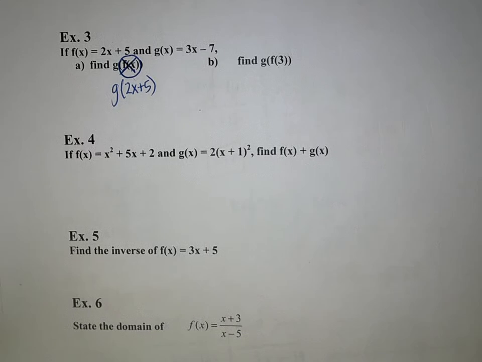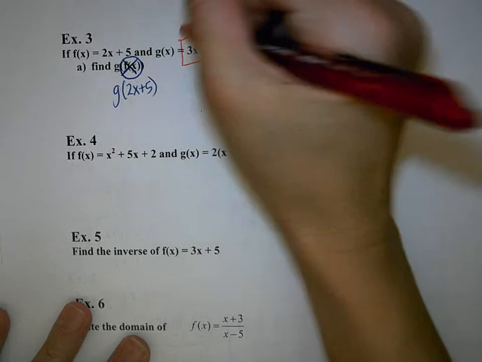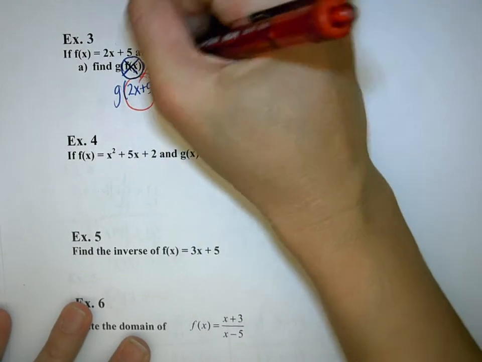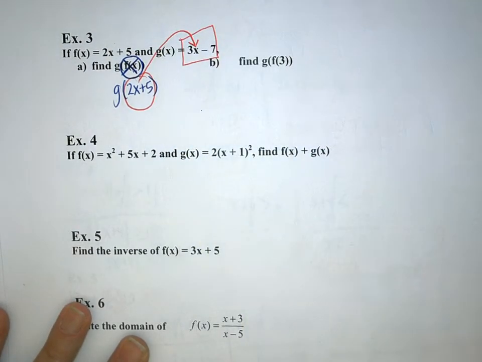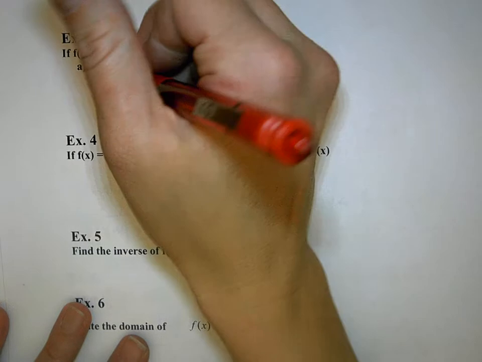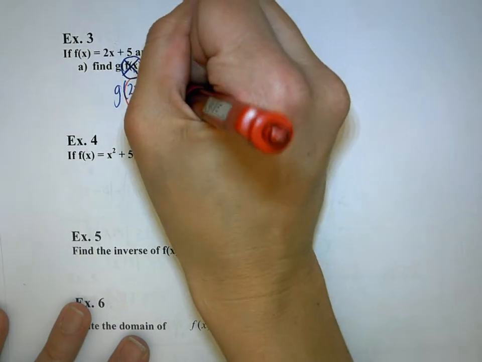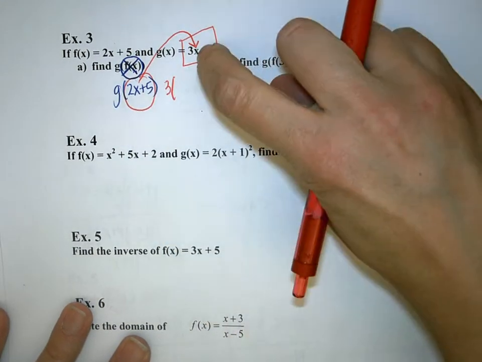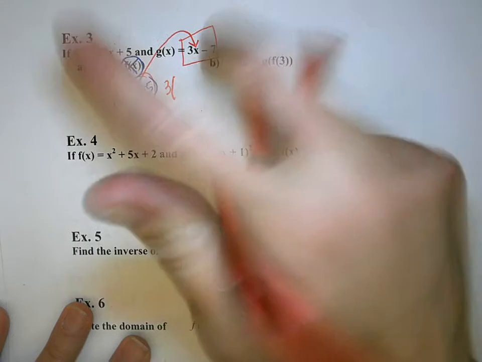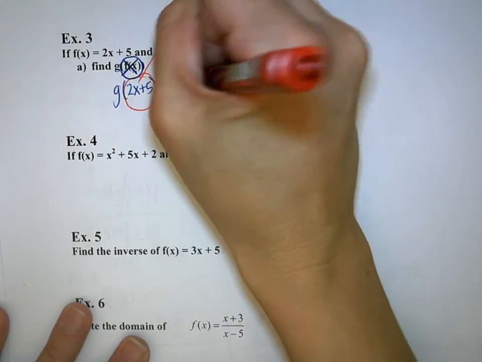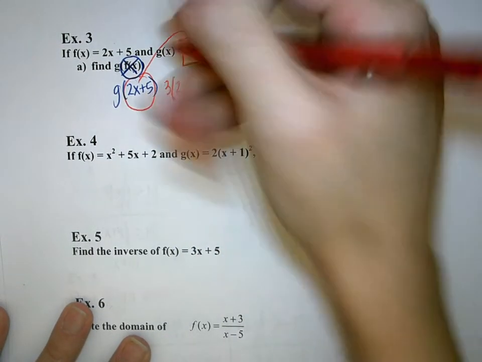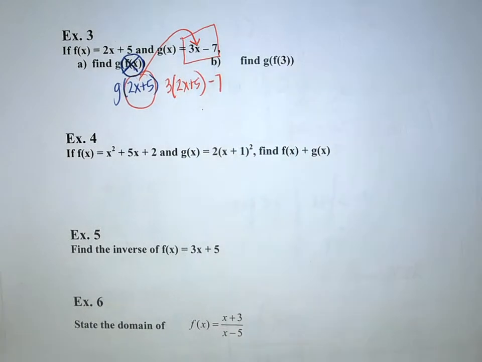So what do I do to find g of 2x plus 5? Good. We go to your g equation, and I'm taking this and plugging that in for x. So that means you're going to write 3. Instead of x, I'm writing 2x plus 5, and then I have minus 7.